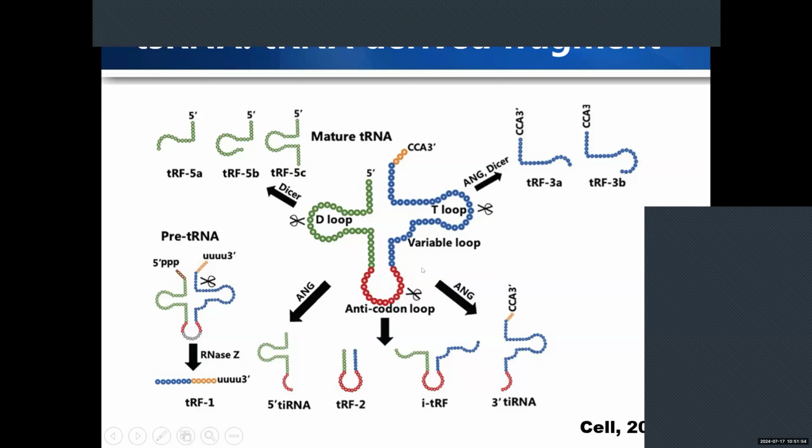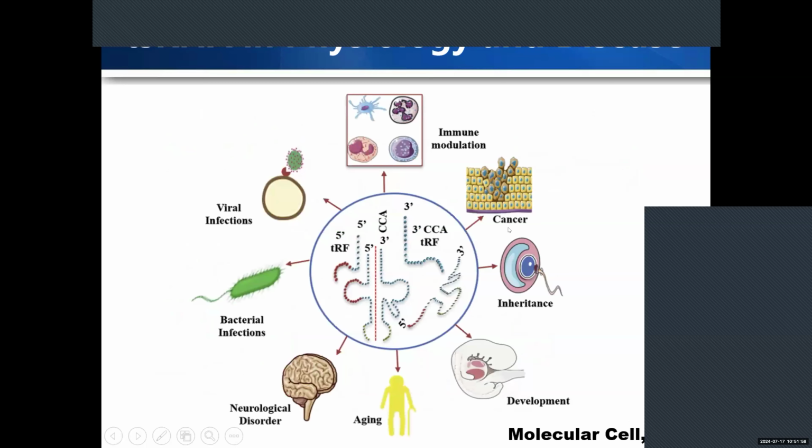These fragments accumulate in brain aging and also in many different diseases. These tRNA-derived fragments can play a very important role in pathology, but how they regulate or are involved in pathology, especially at the molecular level, is not clear.